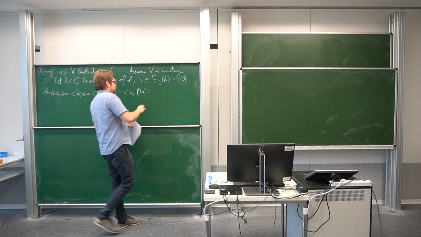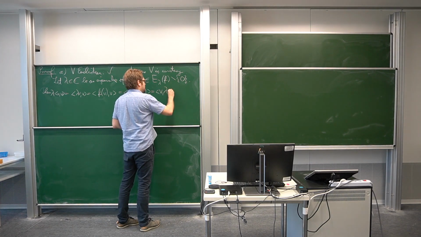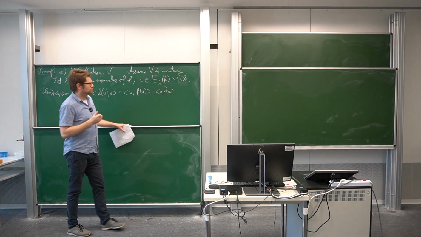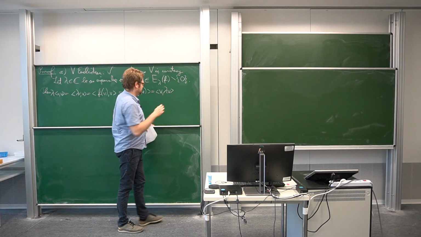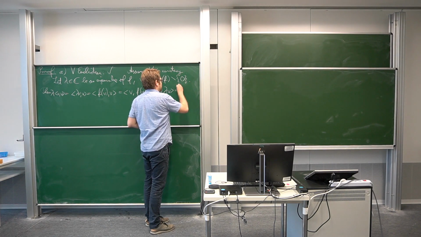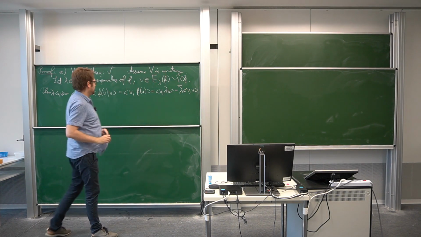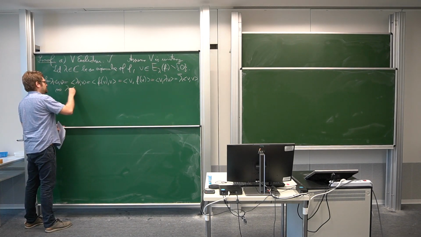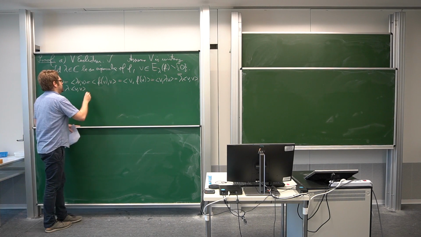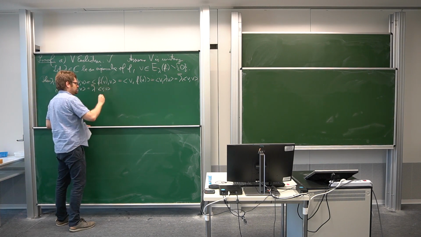Okay, here we have the same situation, so we have the inner product of v with lambda v, but here, because this is a unitary product, we can pull constants out of the second component with a conjugation. So this is the same as lambda bar v v. Okay, so we've shown, to summarize here, lambda times v v is the same as lambda bar times v v.